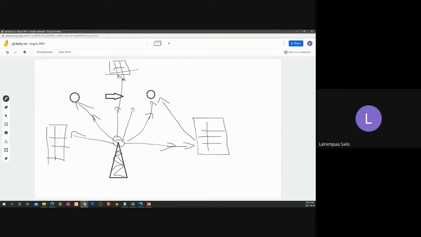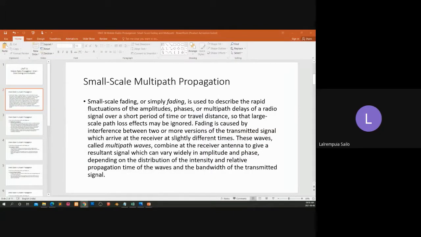This object reflects it back too, and it receives that. So this mobile is moving towards this in a very fast motion, and here it receives the same signal with different versions. That's why we say two or more versions of the transmitted signal arrive at the receiver at slightly different times.